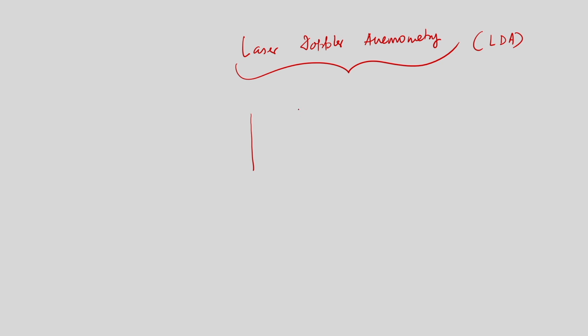We will briefly recapitulate what we have learned. Maybe we have a flow field. If we provide one laser source, the light is taken through a lens L1. So, this is lens 1, and this is the zone of our interest.